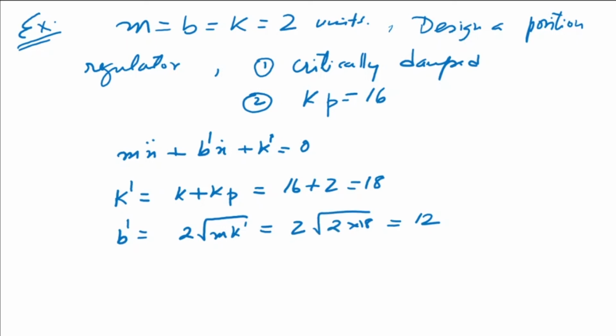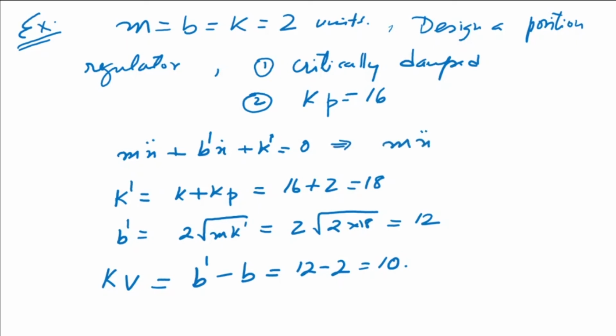Mass was equal to 2, so it is 2 square root of 2 into 18, which is equal to 12. Once we have got k dashed and b dashed, we can find kv. So kv is equal to b dashed minus b, which is 12 minus 2, equal to 10. So we have got the value of kp and the value of kv. Now what we can do is put it into this equation.